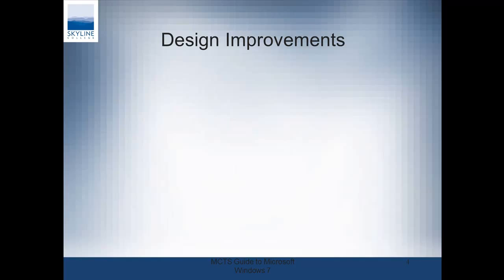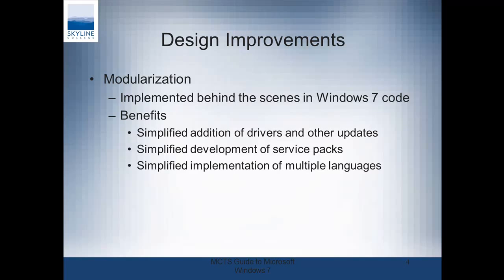Modularization behind the scenes: simplified addition of drivers, simplified development of service packs, simplified implementation of multiple languages. And what this really is saying behind the scenes in Windows 7 benefits is that when we make an image, there actually is a tool that you can use to mount the image and put updates in it without having to go through and update every machine once you install.